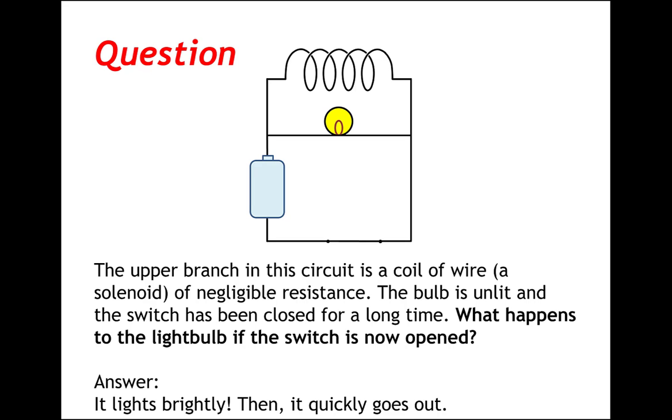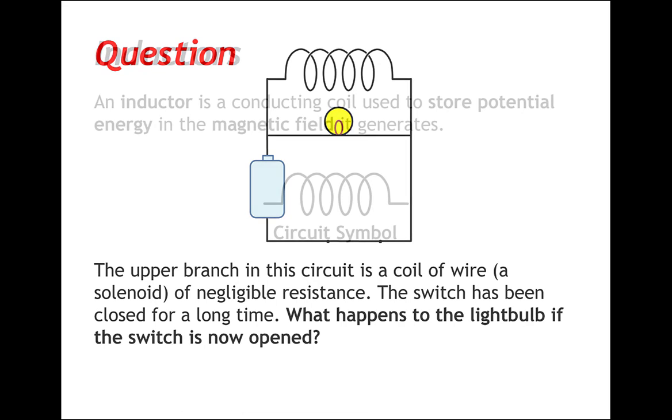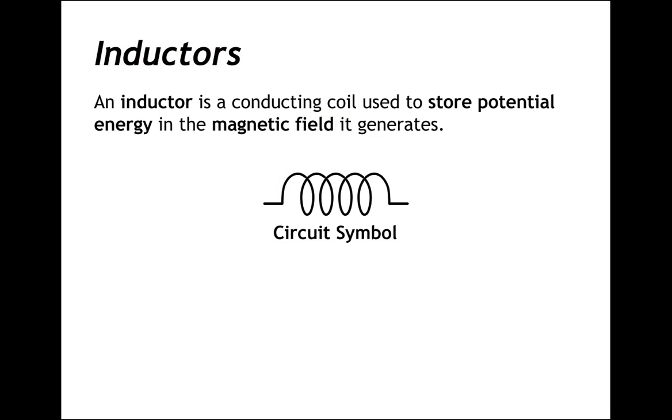This coil of wire has a very important function in circuits. We call this coil of wire an inductor. An inductor is a conducting coil used to store potential energy in the magnetic field that it generates.